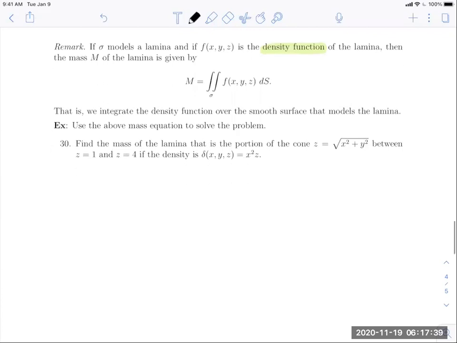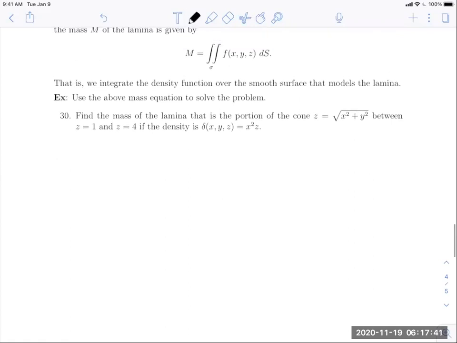All right, so number 30 is just going to use this mass equation. It says find the mass of the lamina that is the portion of the cone z equals, and I'm going to emphasize this is the positive square root here, square root of x squared plus y squared, between z equals 1 and z equals 4 if the density function is x squared z.